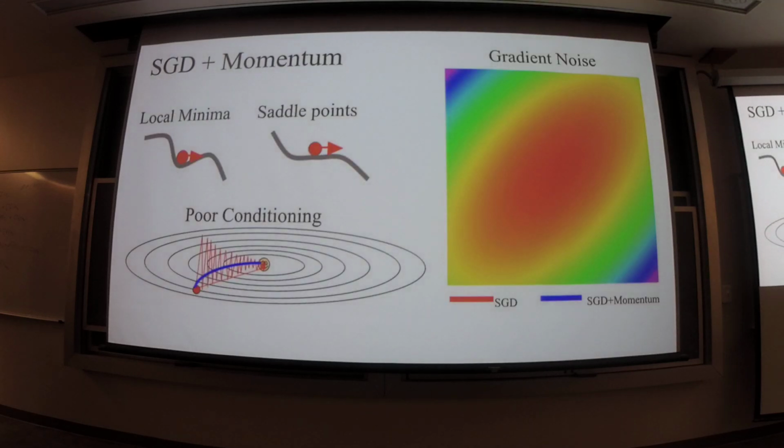So guess what it does? It makes it easier to jump out of local minima that are shallow, and certainly get away from saddle points, because you're not just stuck there like in the saddle point where you would have zero gradient at that point, because you got some history that didn't have zero gradient. Now you can actually move out of it.